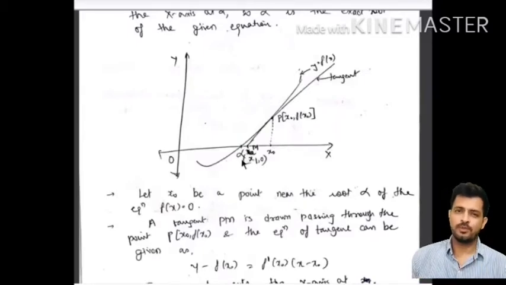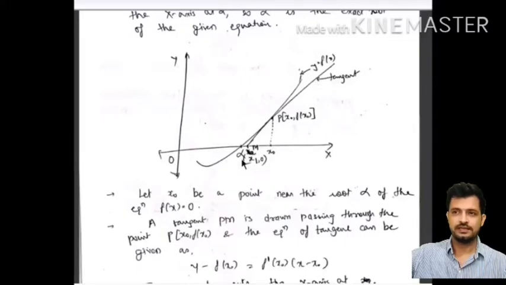Now if you remember what we were doing in the bisection method: first we defined an interval and found in which interval the root lies, then we divided the interval in two parts. That's why it is known as the bisection method. But in the Newton-Raphson method, we have to draw a tangent to the curve.